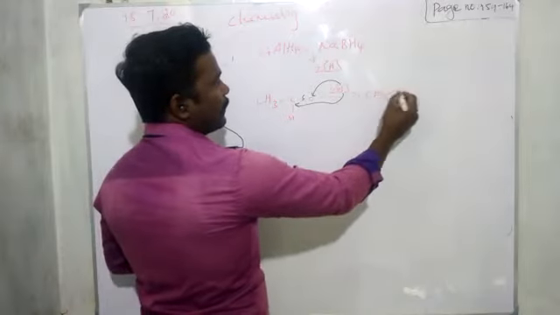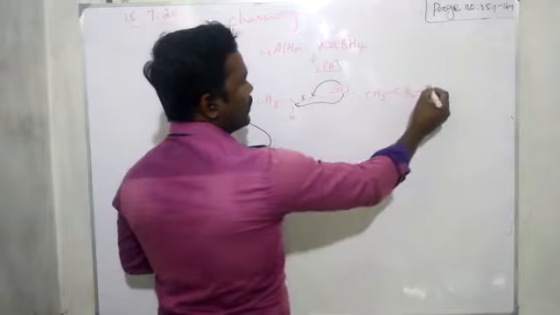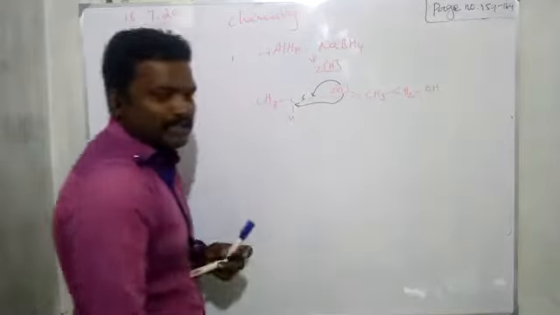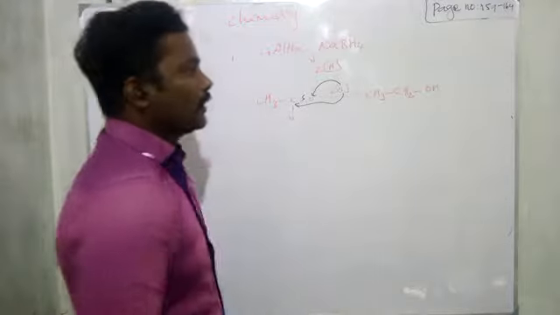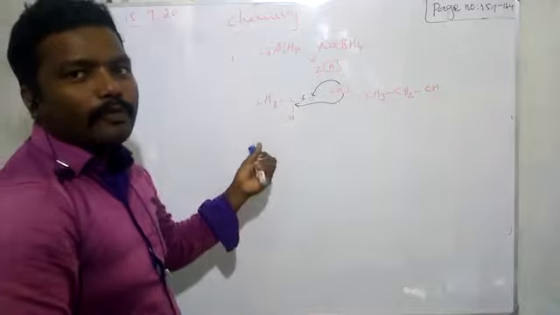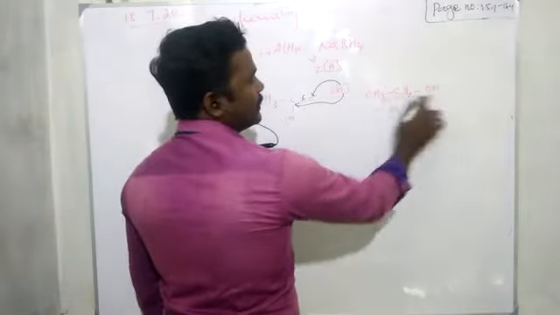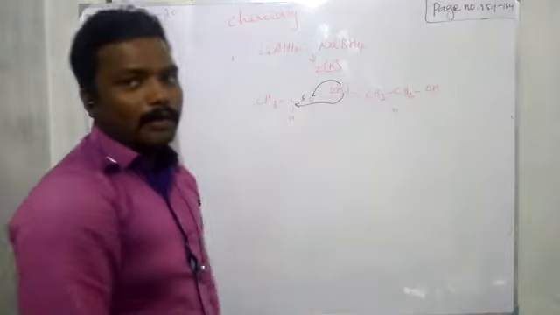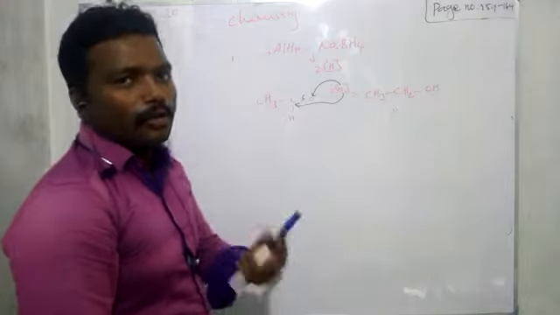CH3, already there is 1 hydrogen, one more hydrogen is added to the carbon: CH2, single bond OH, the double bond is converted into a single bond. So we got an alcohol. Aldehyde on reduction will give a primary alcohol. This is nothing but ethanol. Primary alcohol, because the carbon attached to the OH group has 2 hydrogen.